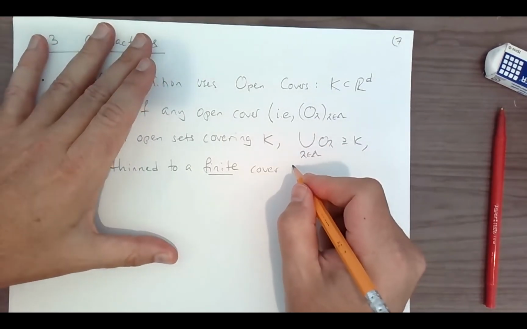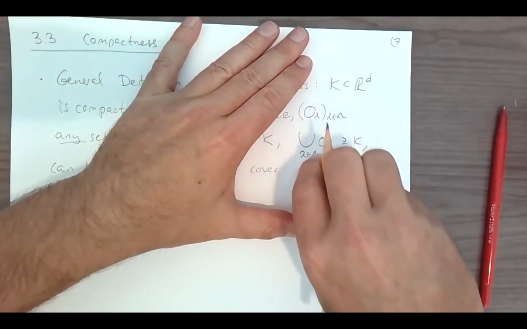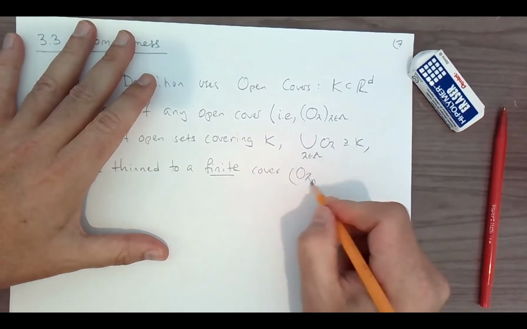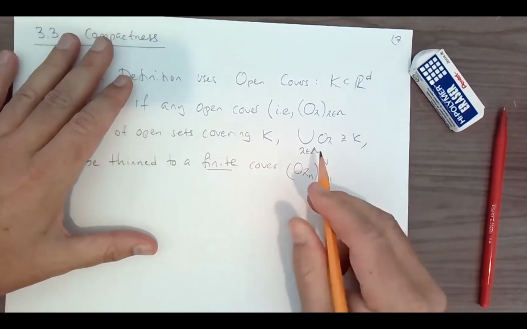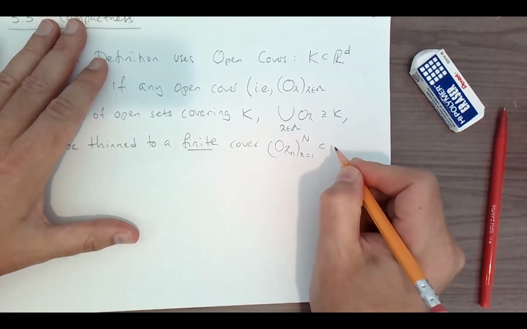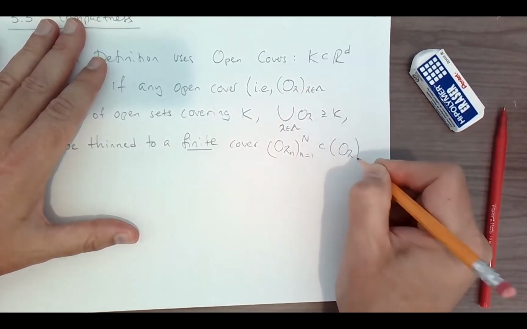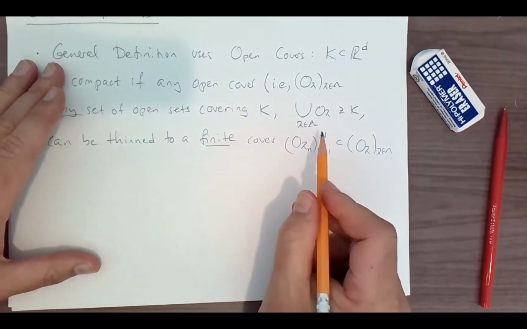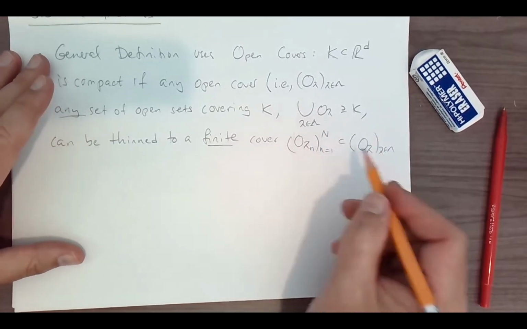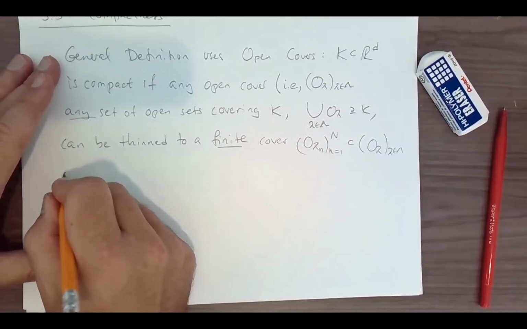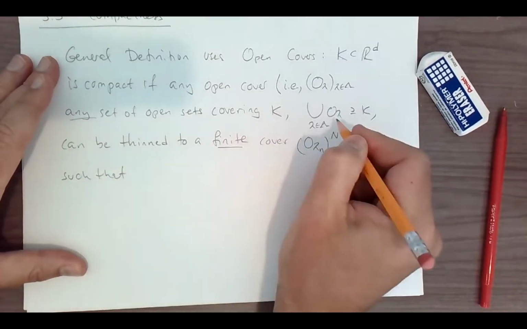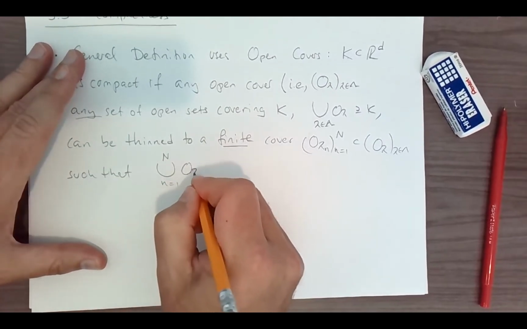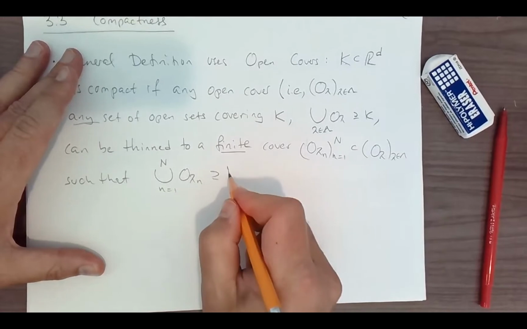You have O_lambda_n, and then n would go from 1 to capital N. This would be a subcover, so this has to be inside the bigger one, O_lambda. So you can extract finitely many of these open sets, and you still cover. So when I take the union of these finitely many, I still cover K.